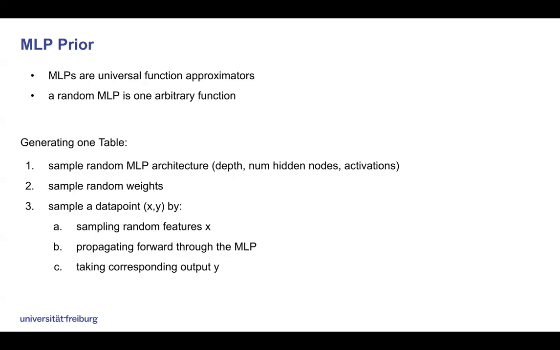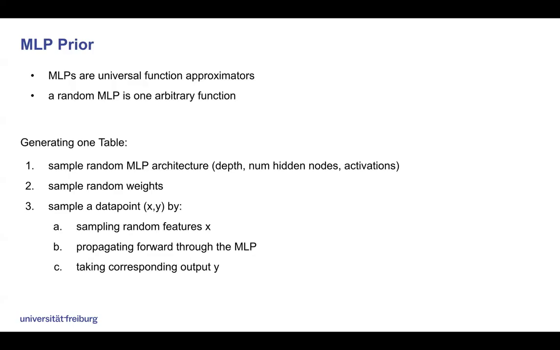And we can leverage this in order to generate tables by sampling a random MLP architecture, which means the depth, the number of hidden nodes, and activations. Then, once we have the architecture defined, we can sample random weights for this architecture. Now we essentially have multiple nn.Linear layers instantiated with some activation function between them. And then this essentially defines one table.